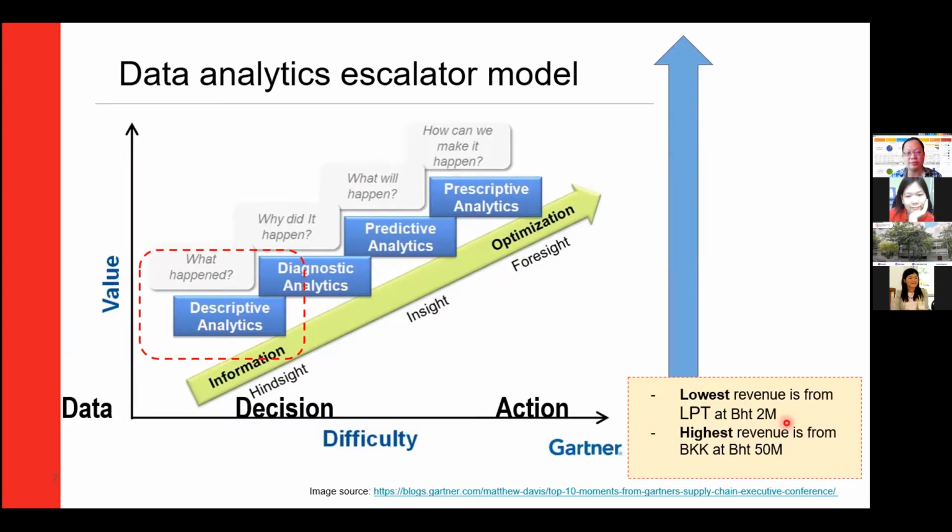Okay. But if we want to get more knowledge or more value from this data, we'll ask more questions. To the question of what happened, we could ask again, why did that happen? So we want to know why we have the lowest revenue in Lampang, or the highest revenue in Bangkok. Why? This is called diagnostic analytics.